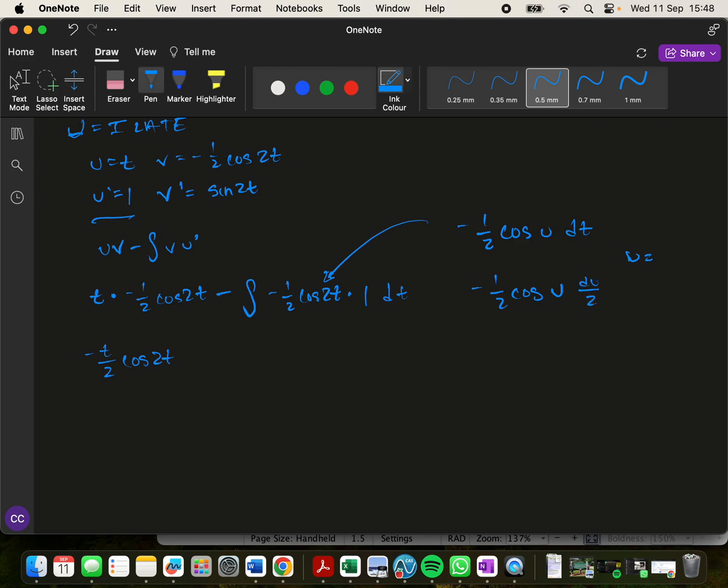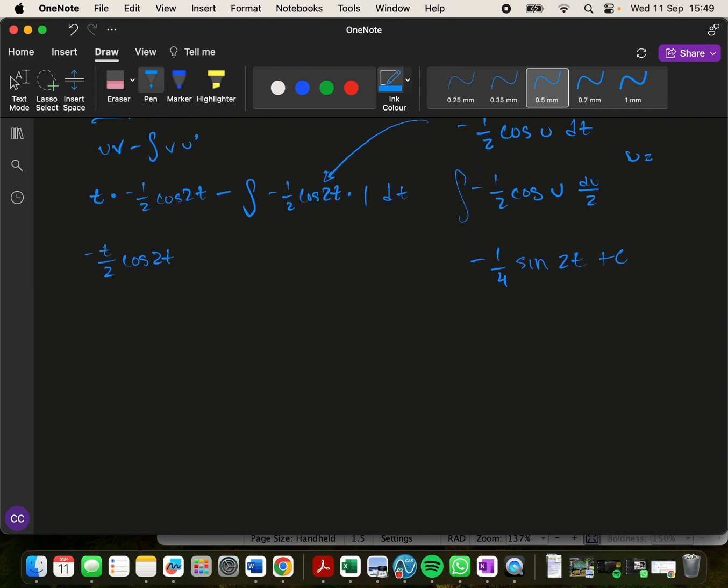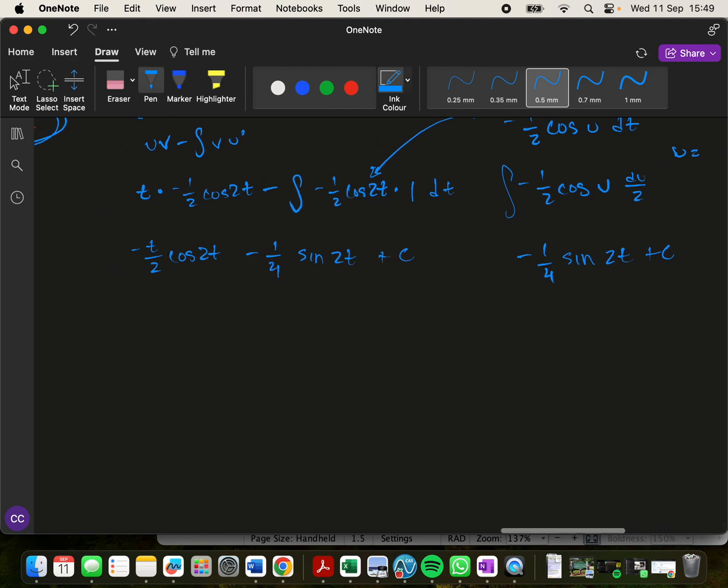So that's going to turn into negative 1/4. Sorry, we're taking that integral of cosine u, which gives sine u, and u is 2t, plus c. So if I bring that over, I would have minus 1/4 sine 2t, and all of this is plus c at the end.